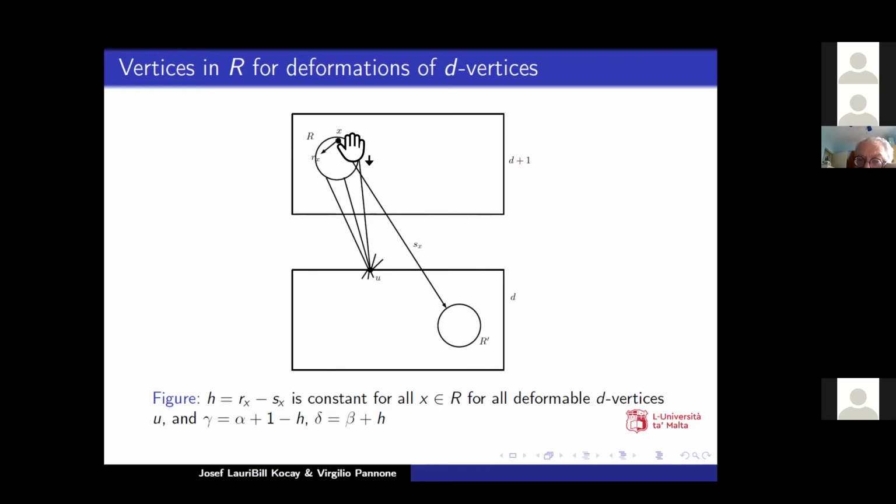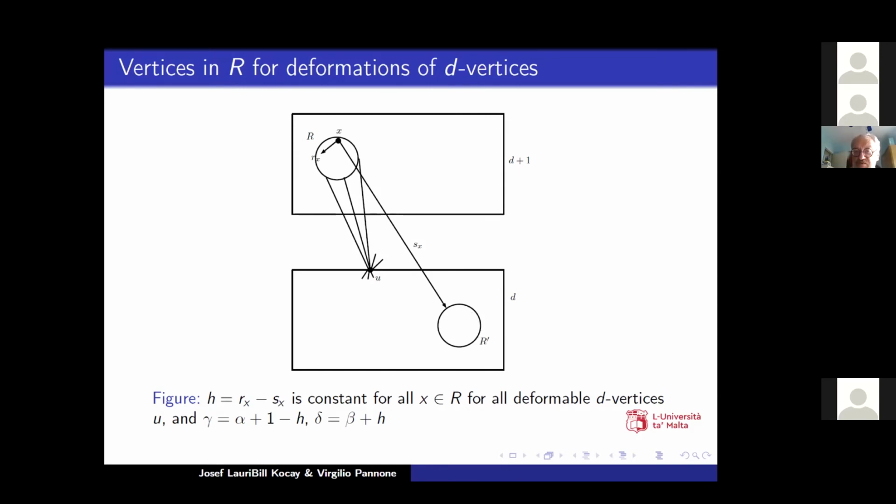X, after the deformation, becomes a vertex of degree D. Therefore, its parameters from gamma delta have to become alpha beta. It has lost these vertices, which are of degree D+1, and these have taken their place. These are now of degree D, and they're replaced by vertices here of degree D+1.